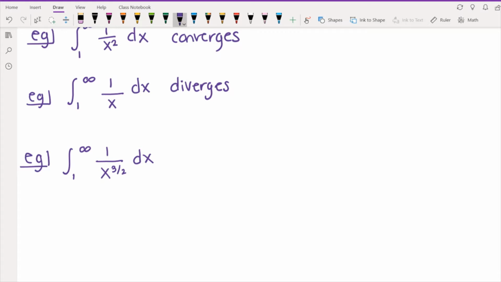So how does evaluating this integral work? Well, again, we want to take the limit as t approaches infinity of the integral from 1 to t of, and let's rewrite this as x to the negative 3/2.